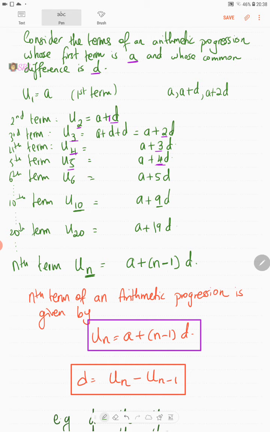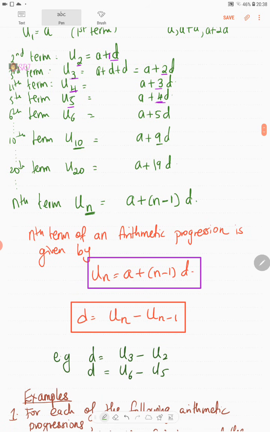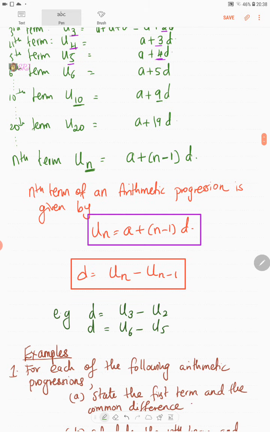So to know any term of an arithmetic progression, we just have to know the first term and the common difference. So an easy way to obtain the common difference, we just take a term and we minus its preceding term. For example, we can take the third term and we minus the second term. We can take the sixth term and we minus the fifth term.